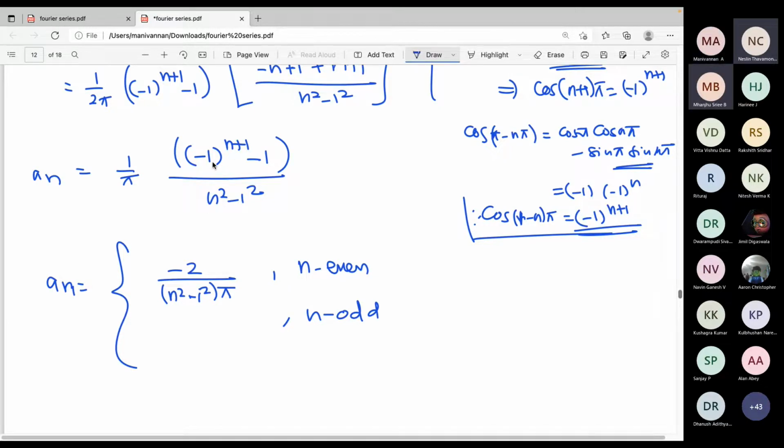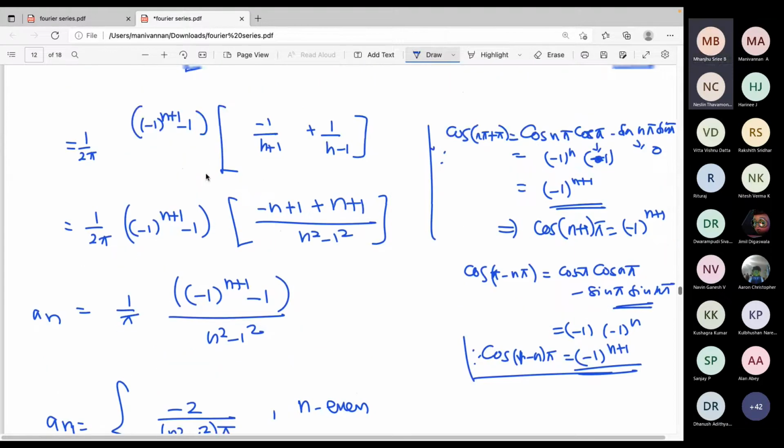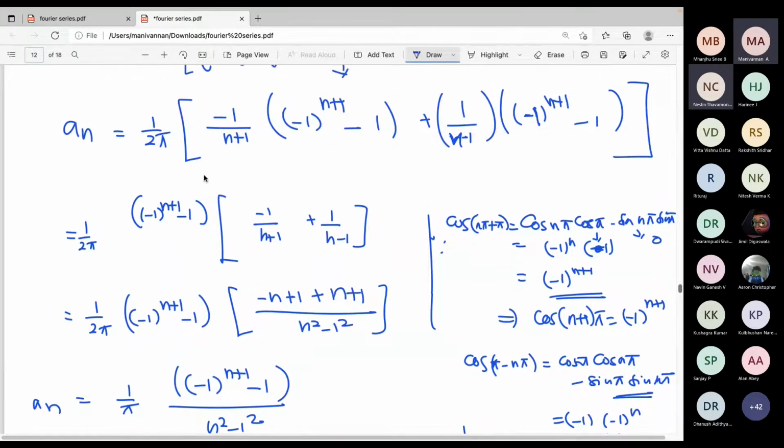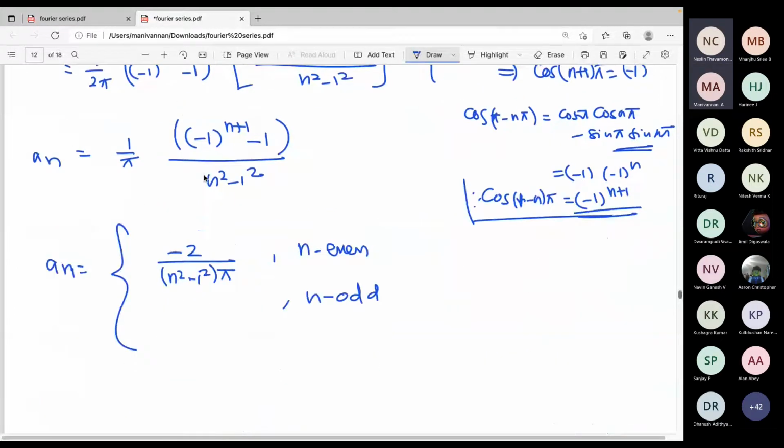Can we scroll up for a second? Yes, sir. Okay. So when n is odd and even, odd means here it is positive 1 minus 1. It is 0. And please remember that these are only two possible cases we have to discuss in this an.